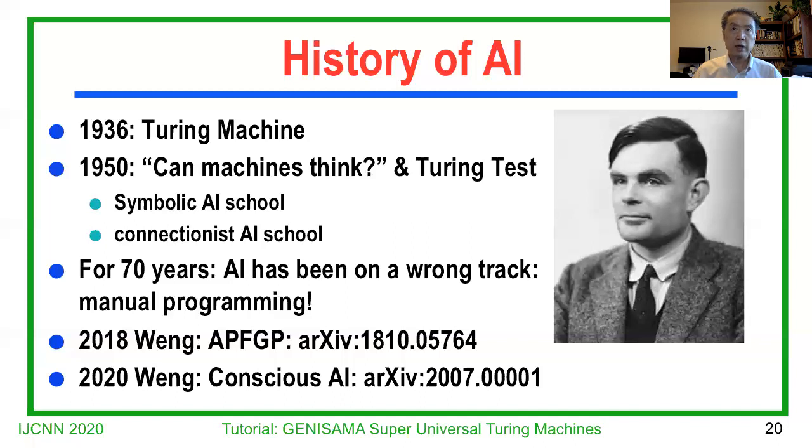So conscious AI will be possible, but this paper was also rejected by Science and Nature. Currently, I'm still appealing to Nature, and Nature has an appeal process and Science doesn't. I'm still appealing at this point, but I have decided to post it on AIXIV.